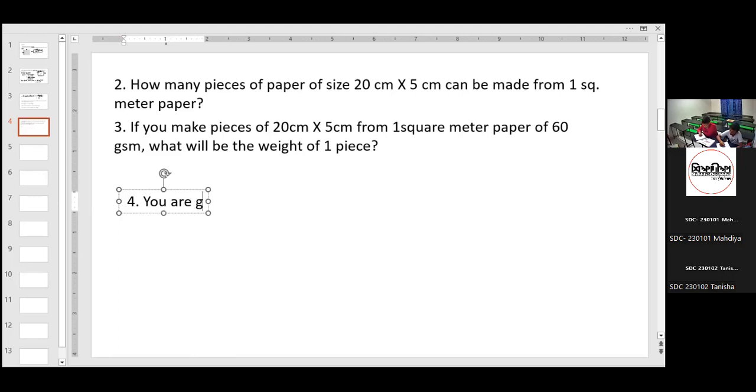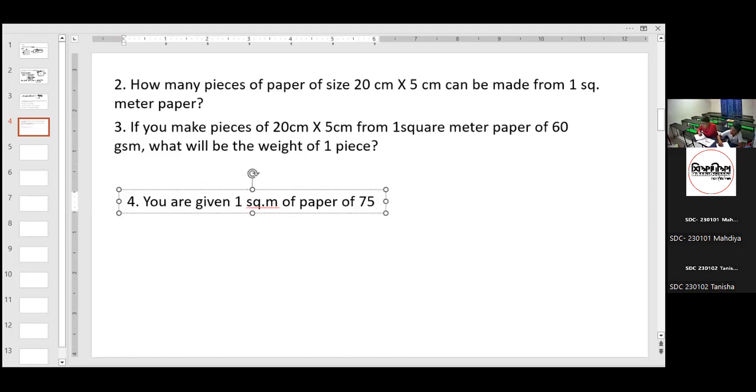You are given 1 square meter of paper of 75 GSM, right?